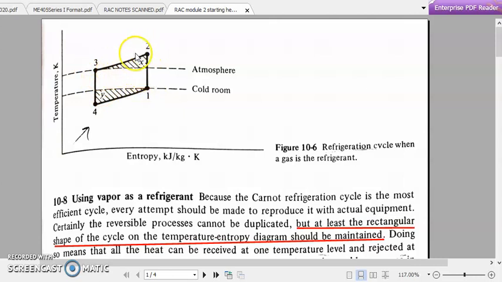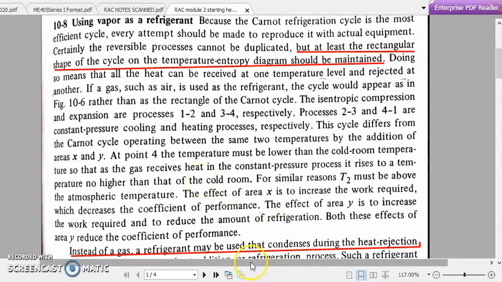Actually, these areas X and Y were introduced in this TS diagram only because we chose atmospheric air or simply a gas as the working fluid. So what is the effect of this X and Y? Now let us discuss that.